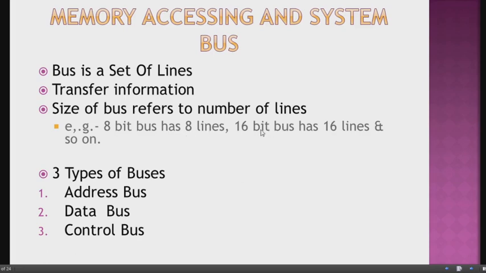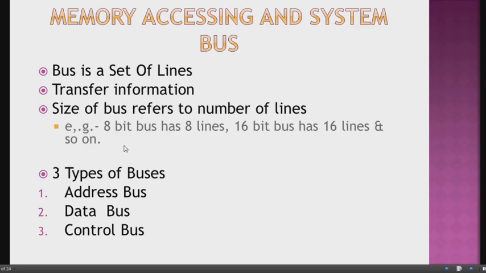Similarly, a 16-bit bus has 16 lines, and so on. How many lines are grouped together decides the size of the bus.